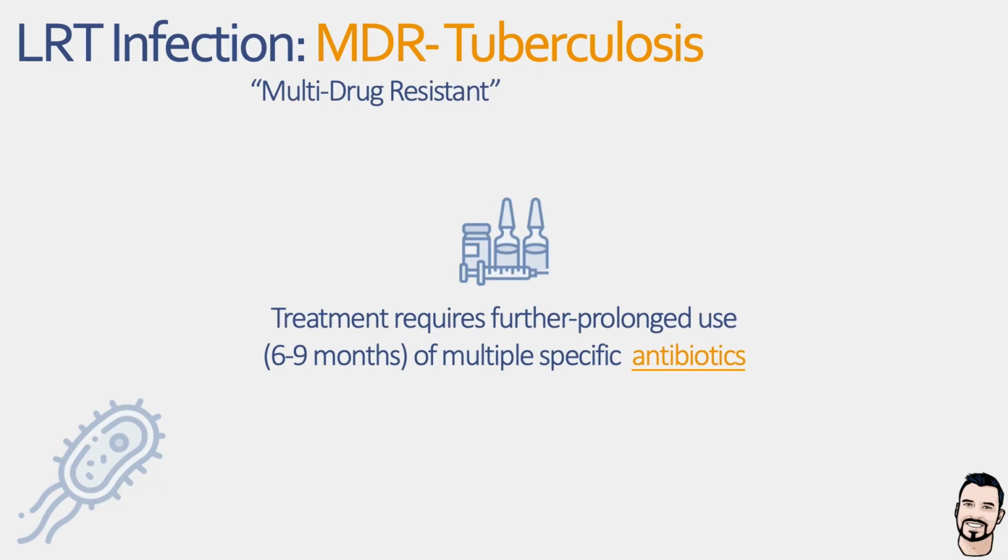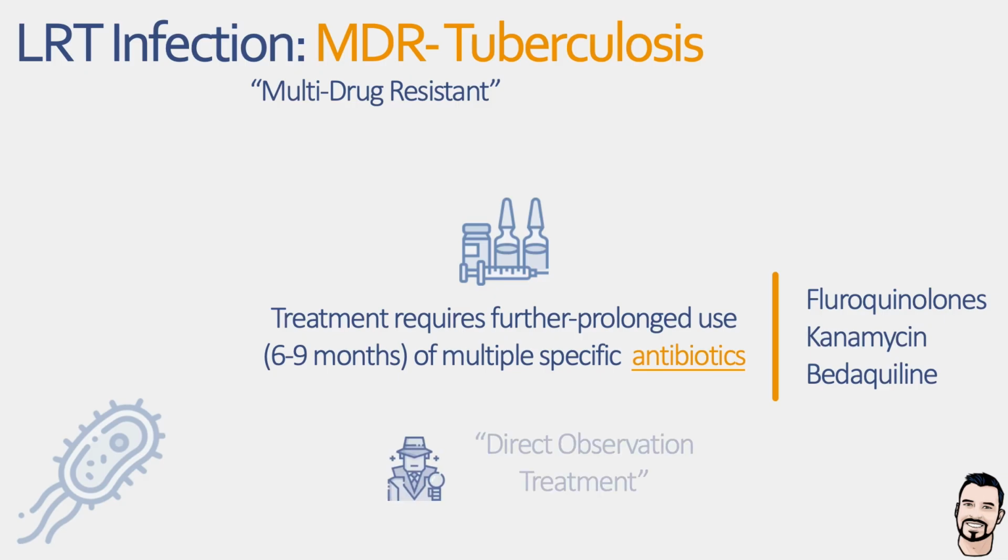Now, if multi-drug resistant strains are identified, then the outlook isn't great. Typically, patients will be prescribed a cocktail of antibiotics, including various fluoroquinolones, kanamycin, which targets protein synthesis, and bedaquiline, which targets mycobacterial ATP synthase. One of the more interesting aspects of MDR tuberculosis is that the World Health Organization's treatment strategy requires direct observation treatment, meaning treatment compliance isn't in the hand of the patient.